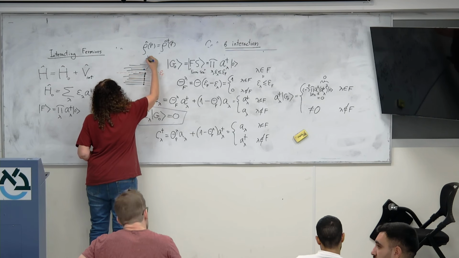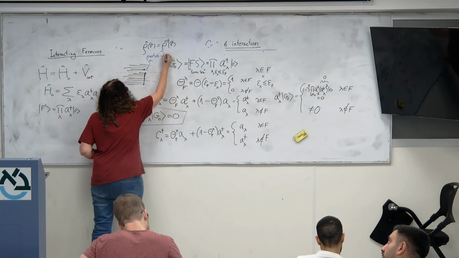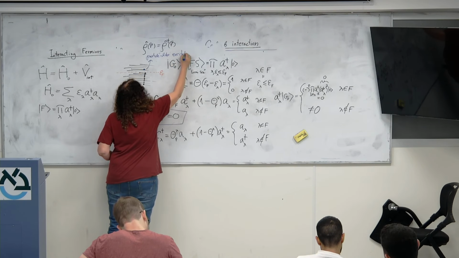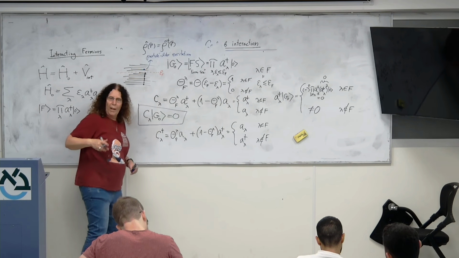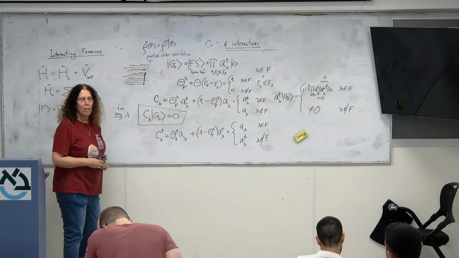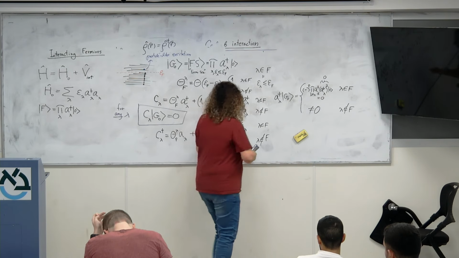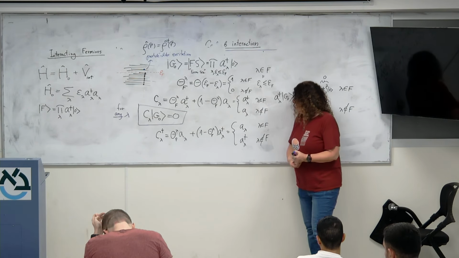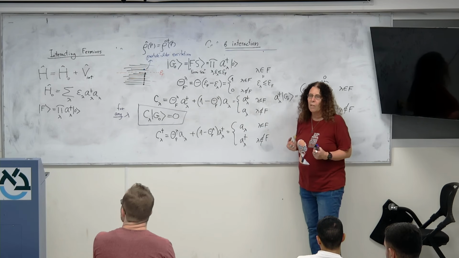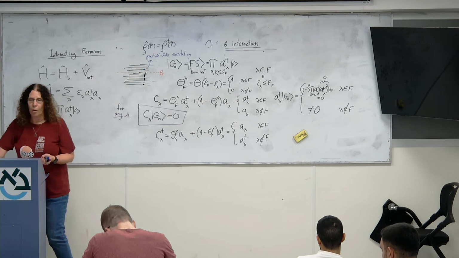Let's call it a particle excitation, because you add another particle at a state that was initially empty. But there is another type of excited state, which is you annihilate one of the states that is already occupied. And then you get a hole.